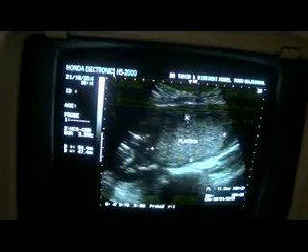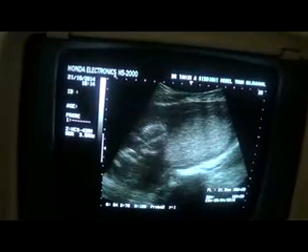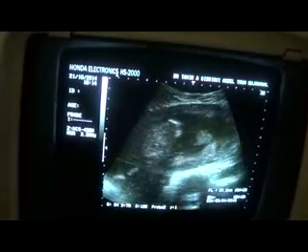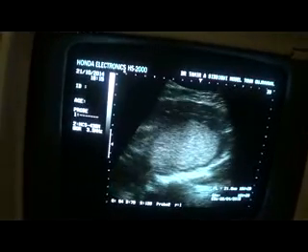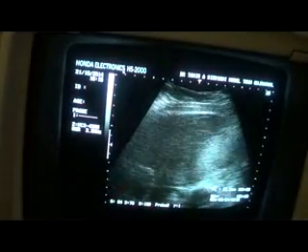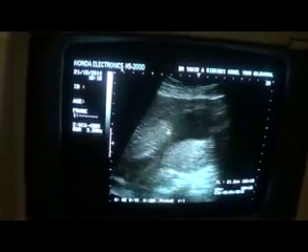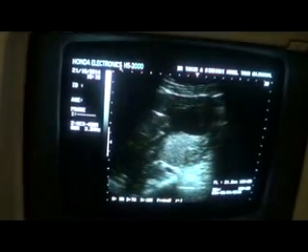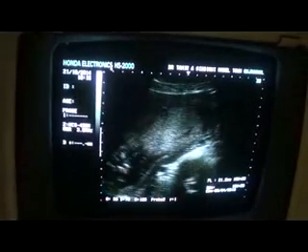It is grade 1 to grade 2, rather grade 2 in appearance, and is with the lower segment of the posterior wall of the uterus, and it's separate from the fibroid, as this is the fibroid. It's separate from the fibroid.